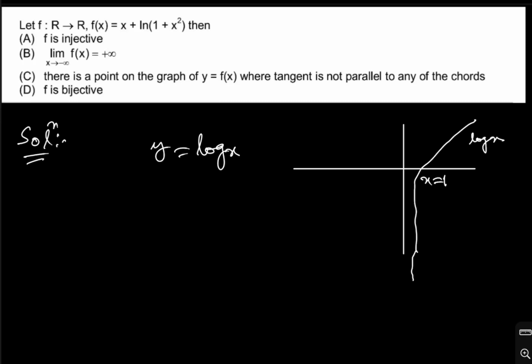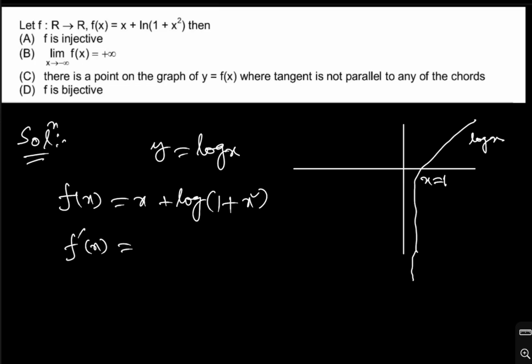So now we are going to draw the graph of x plus log of 1 plus x square. First we look at whether the function is increasing or decreasing. The easiest trick to check this is to take the derivative of this function. So f dash x is 1 plus 2x by 1 plus x square.